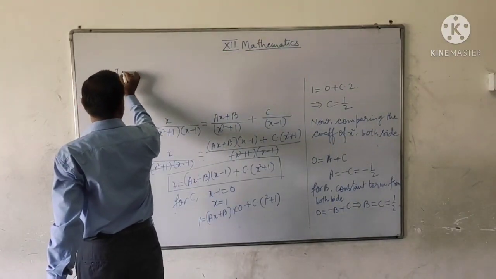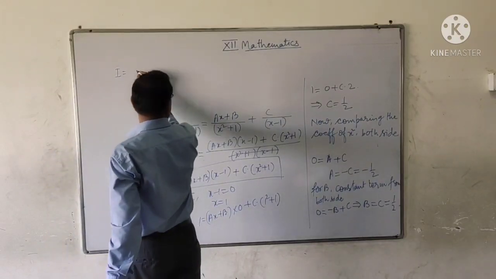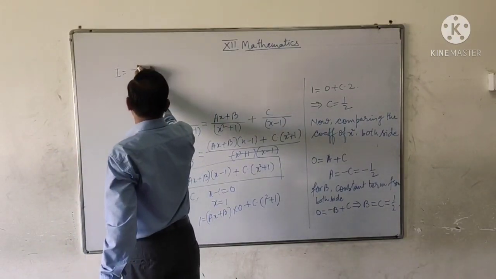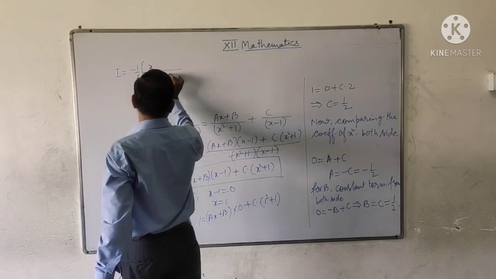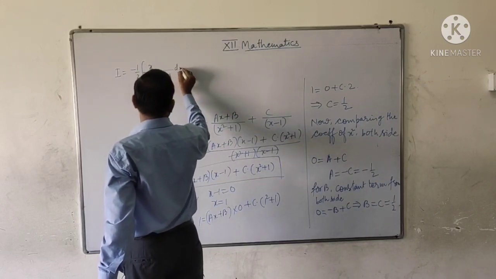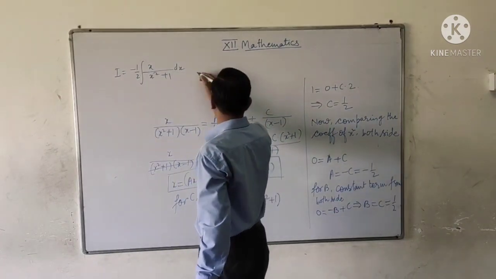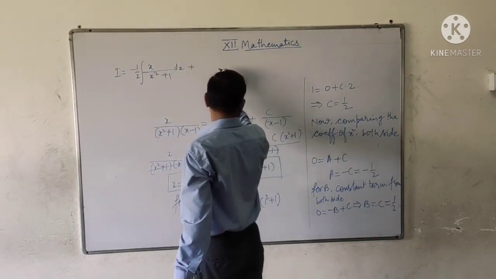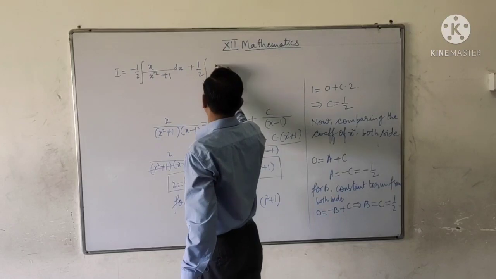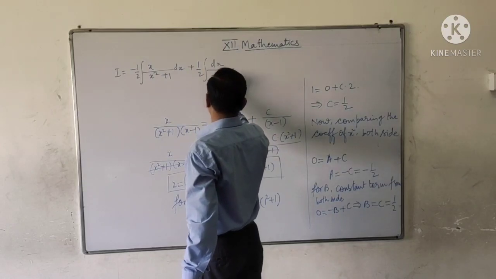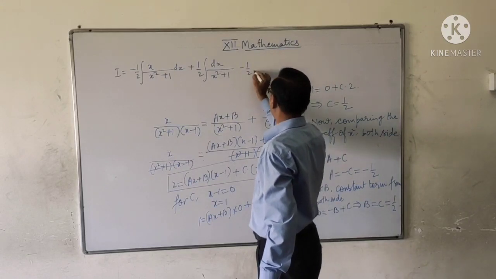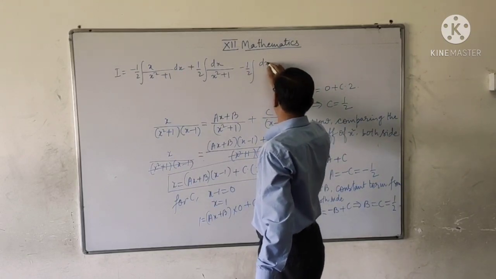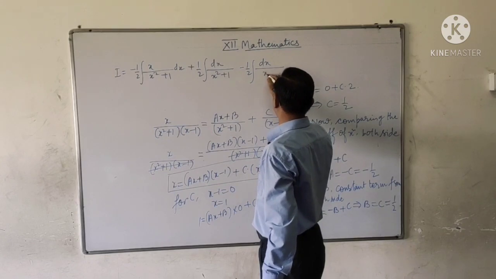So I equal to integration, a is minus 1 upon 2, x upon x square plus 1 dx, plus b is 1 by 2, integration dx upon x square plus 1, and c is minus 1 by 2, integration dx upon x minus 1.